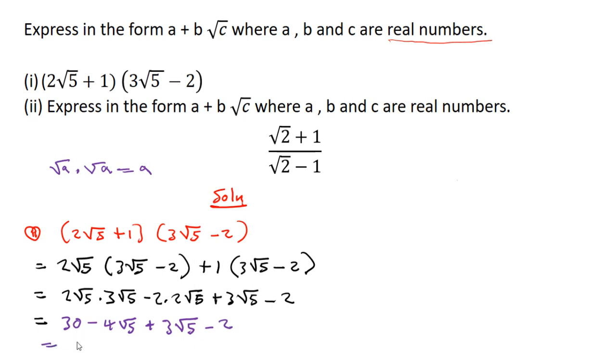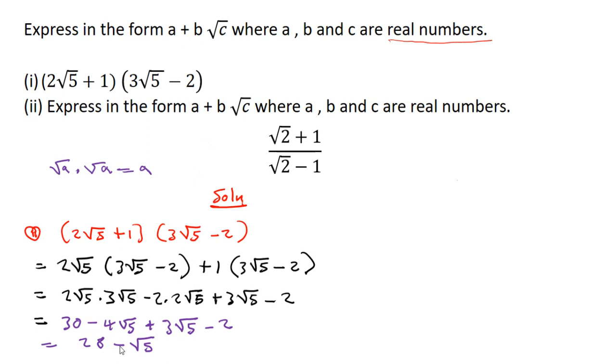When you collect the like terms, 30 minus 2 is simply 28. Then negative 4 square root 5 plus 3 square root 5. It's more like negative 4x plus 3x, so this will just give us negative square root 5. So this is our answer.